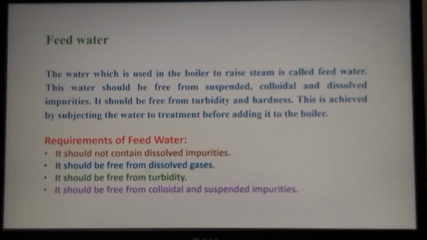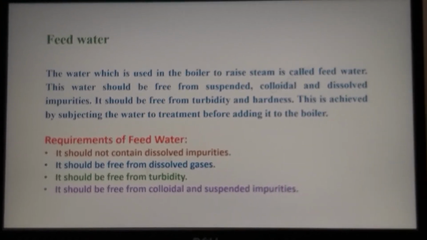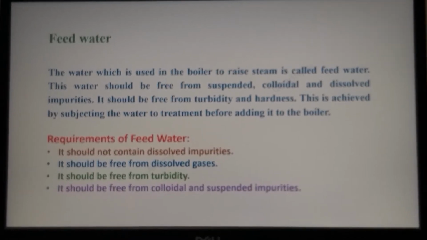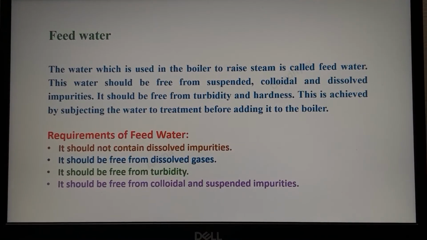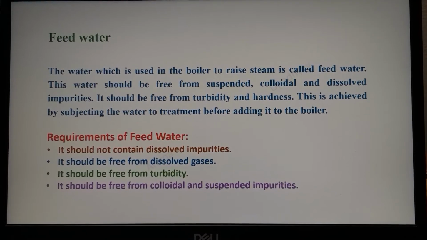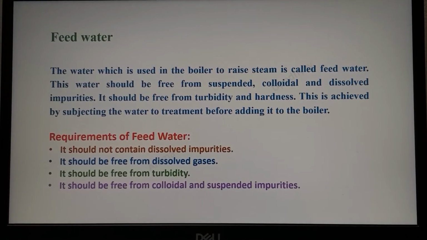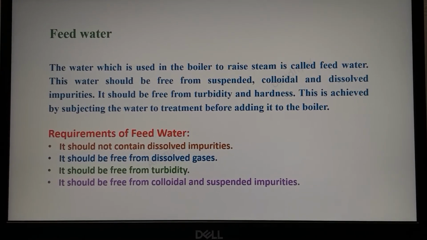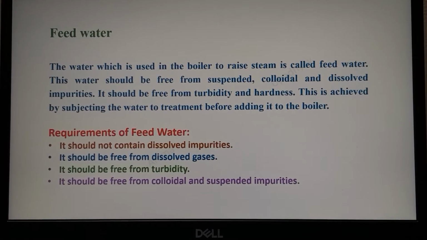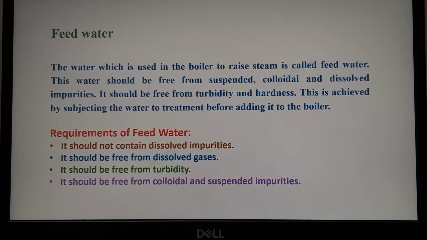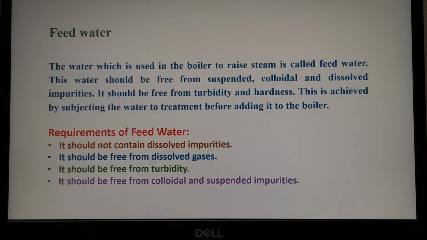The feed water is the raw water which is added to the boiler to generate steam, and such water is called feed water. Now this water contains lots of impurities, dissolved gases, turbidity, and also suspended impurities.